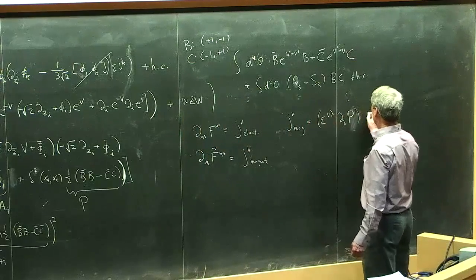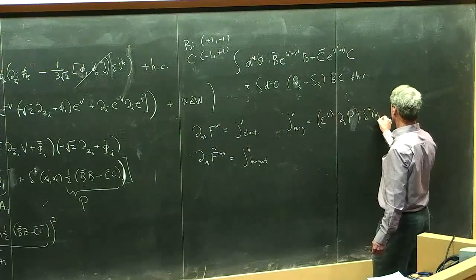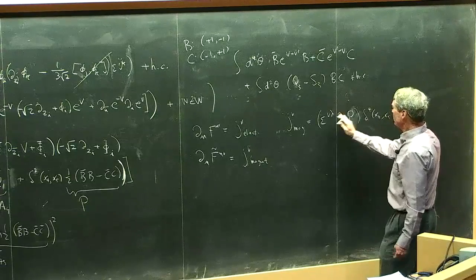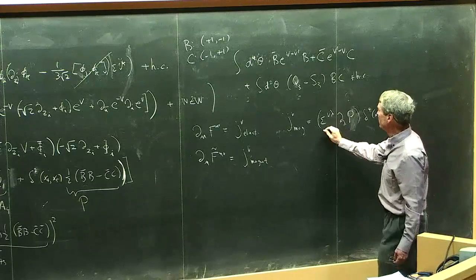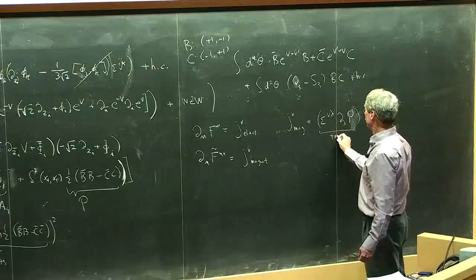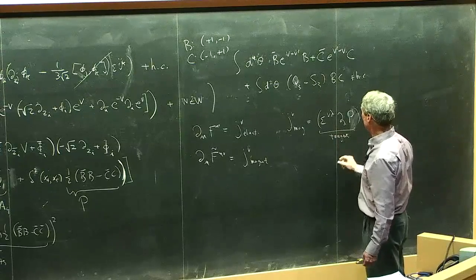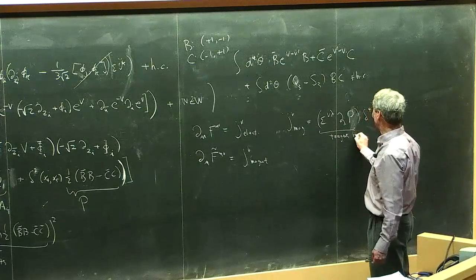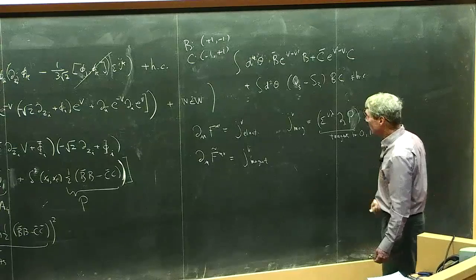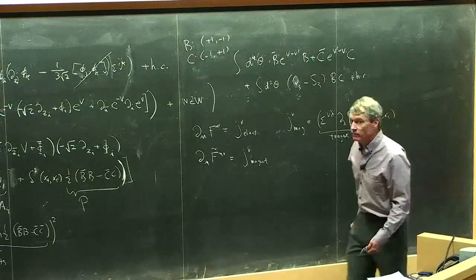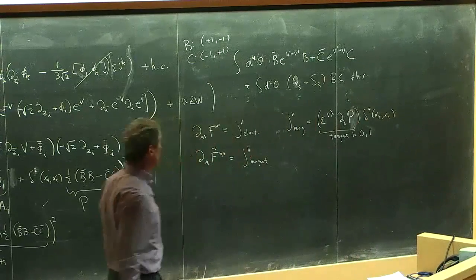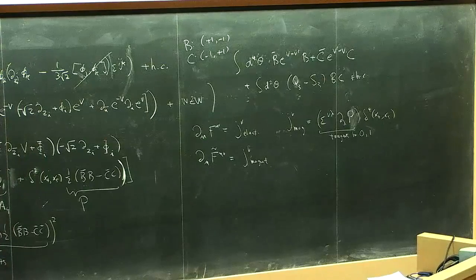P, again, times this delta function. And this is a two-dimensional epsilon because these are tangent to the intersection, tangent to the 0, 1 directions. Okay, so it looks like topologically conserved, right? It's topologically conserved. That's right.